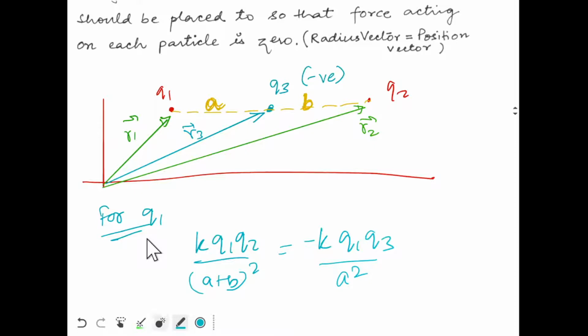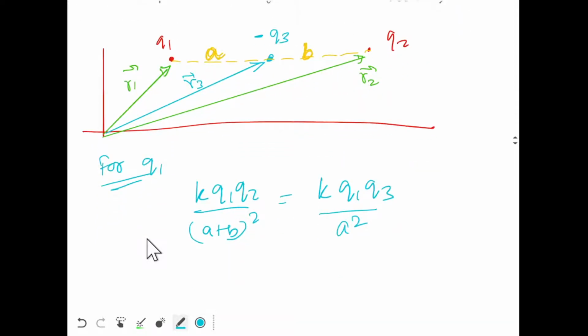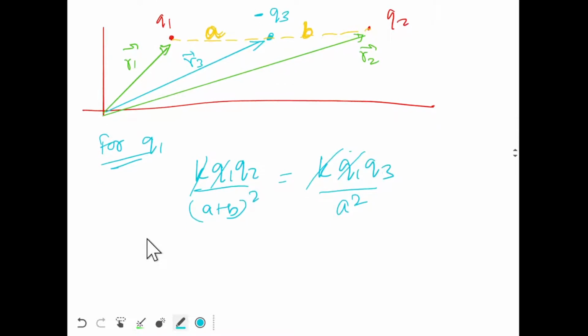Or let's just do something. Remove the minus sign and write q3 as positive, so the charge will be minus q3. We are taking charge as minus q3 so that the term q3 itself is positive. So this is your one equation. Q1 cancels out, so we get one part of the equation.